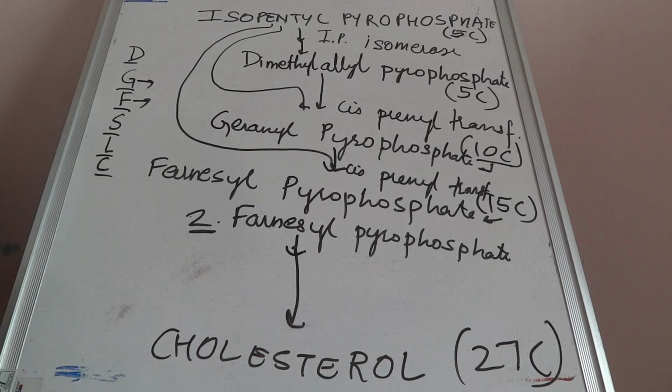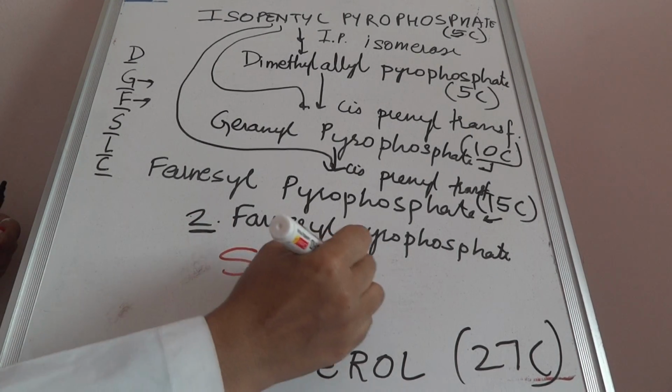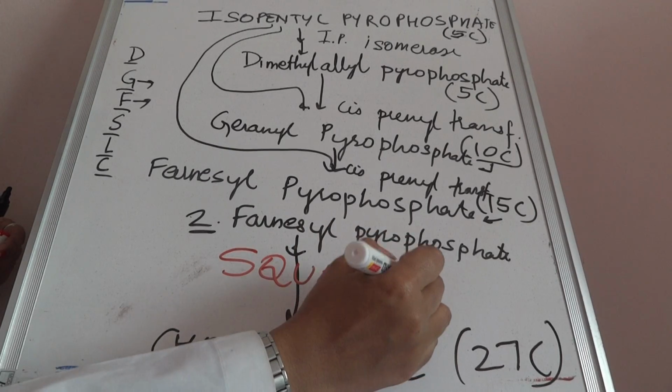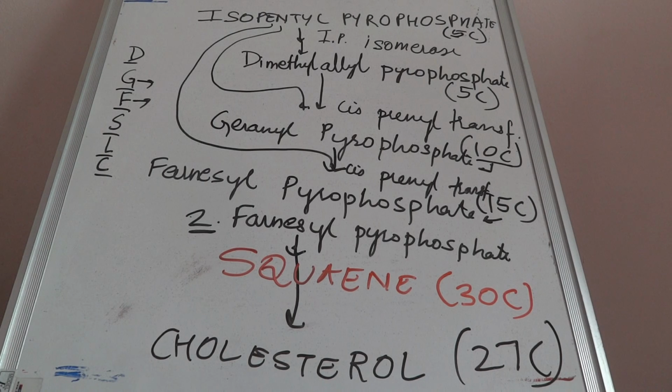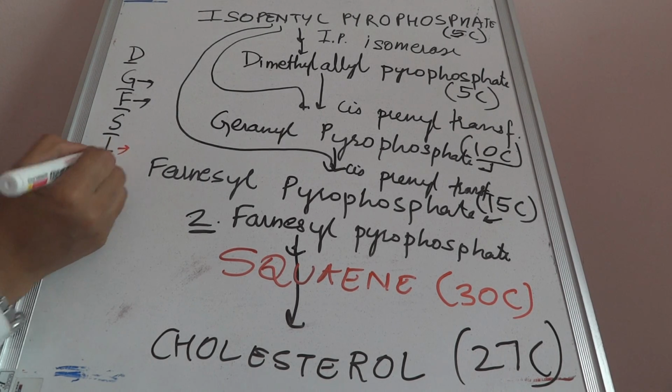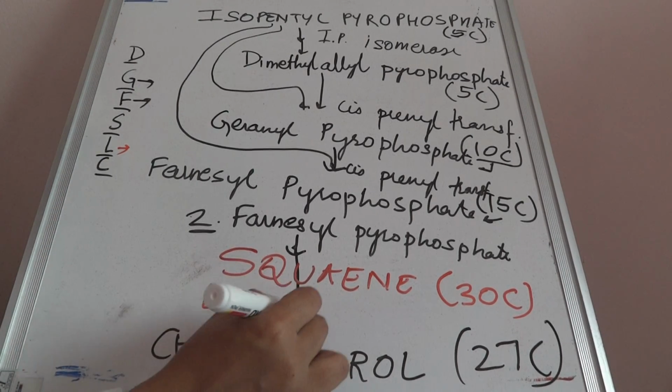And what is that molecule? The 30 carbon compound molecule is squalene. Then is the time of L. So L is lanosterol.